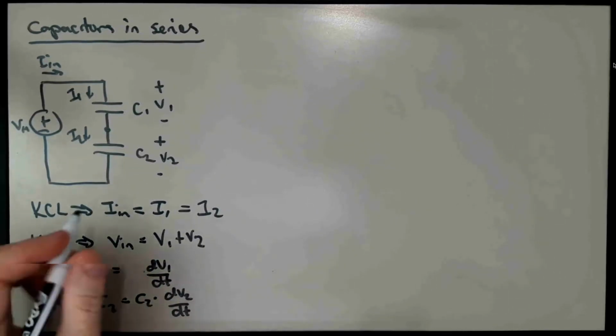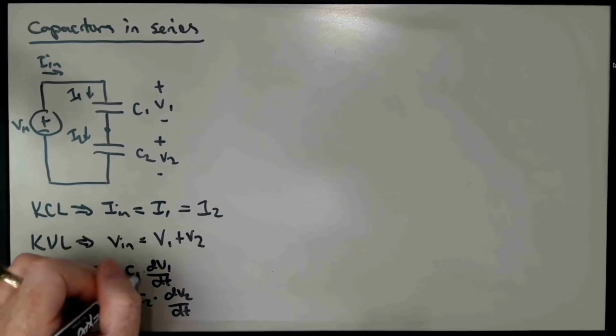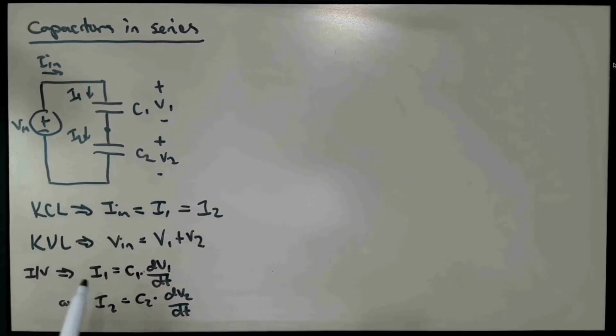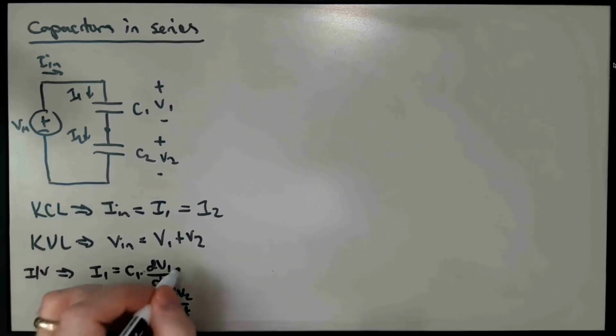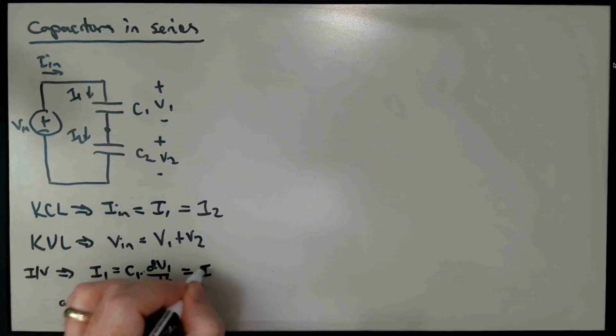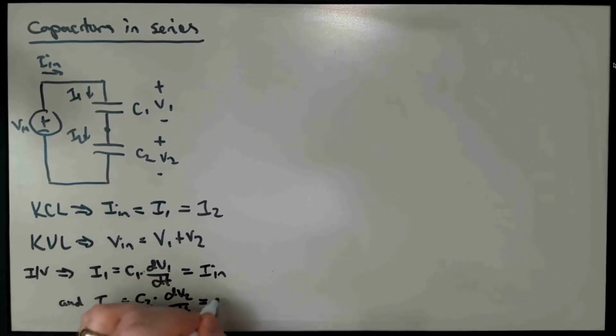You remember for resistors what we were doing was basically looking to find out the relationship between In and Vn. Well, one thing we can do is recognize that because of the Kirchhoff's current law equation, this is equal to In, and this is also equal to In.